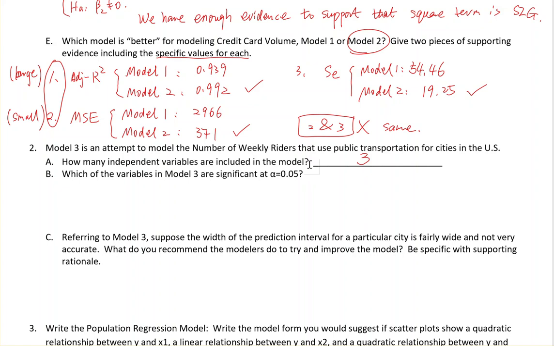The response variable will never be independent of the explanatory variables; there's always a relationship between these four, right? So here it is asking about how many independent variables are included in the model. That means the same thing as asking how many explanatory variables are included in the regression.